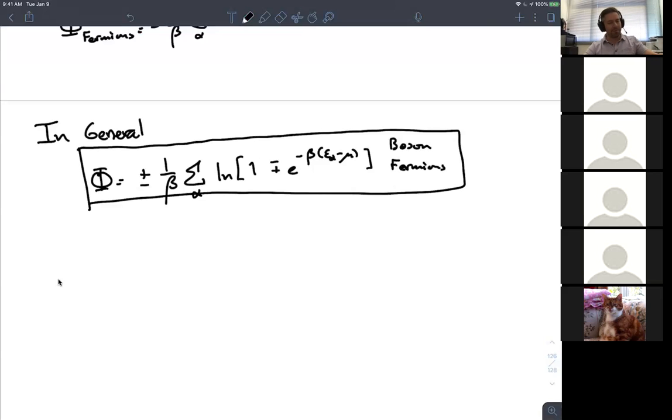Wunderbar! So now you will recall that once you have your free energy, the way that you extract information from your free energy is by taking derivatives, all right?